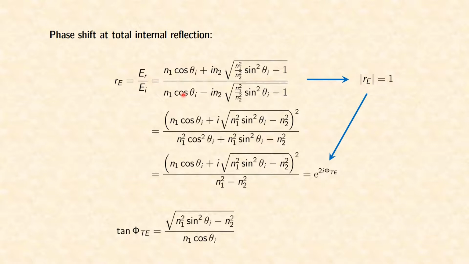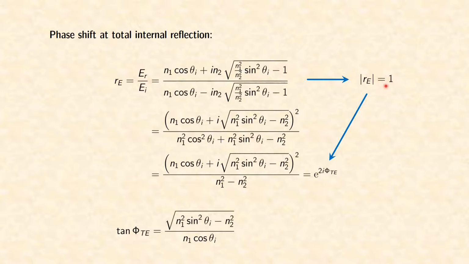We see that we get a fraction with numerator and denominator of the same magnitude, but the denominator is the complex conjugate of the numerator, which means actually that the magnitude of the amplitude reflection is actually 1.